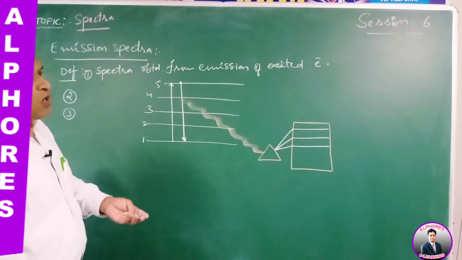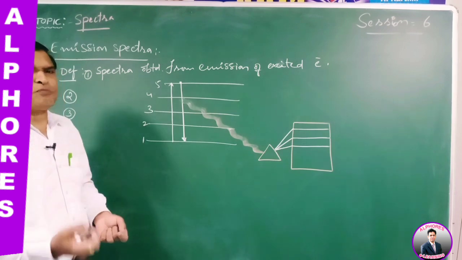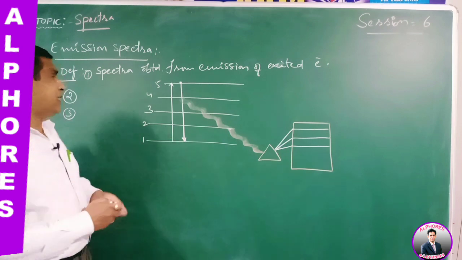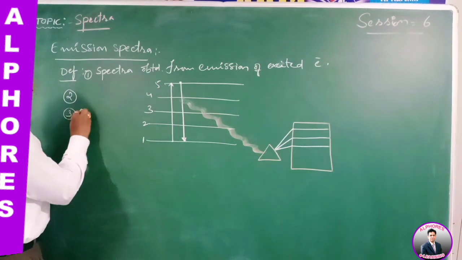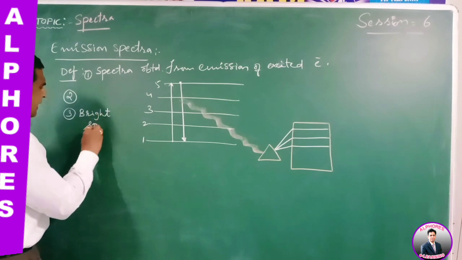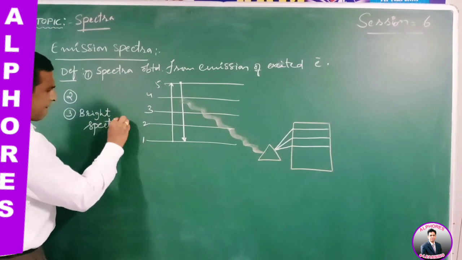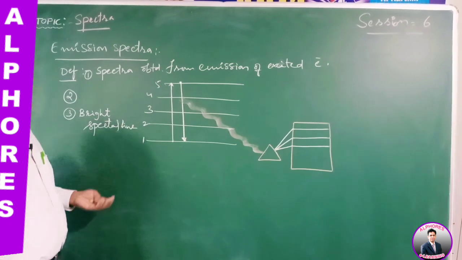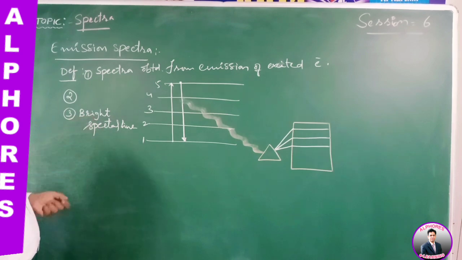In emission spectra, bright spectral lines are noted on a dark background or dark photographic plate. That is the third point.